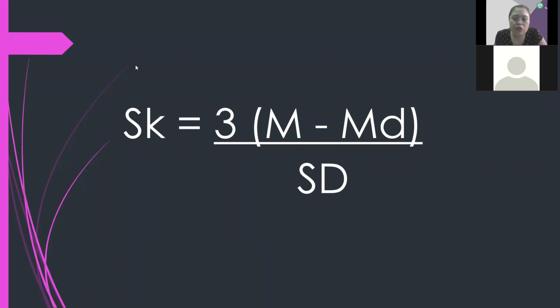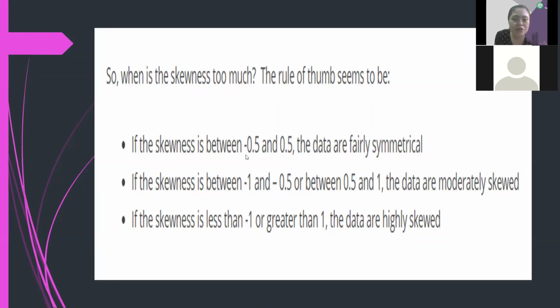Pag meron na itong tatlo, we can compute for the skewness. Tapos pag nakuha natin na skewness is between negative 0.5 and 0.5, ang masasabi natin sa data, it's fairly symmetrical. Therefore, we can call it a normally distributed data.